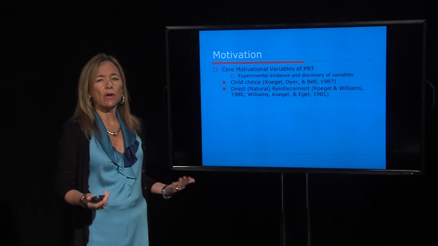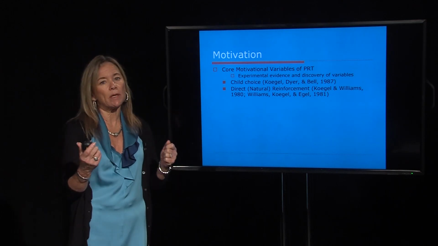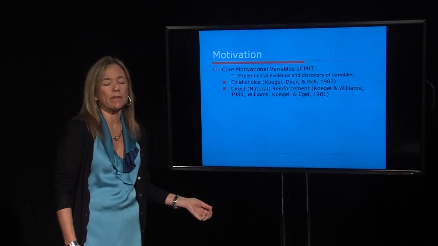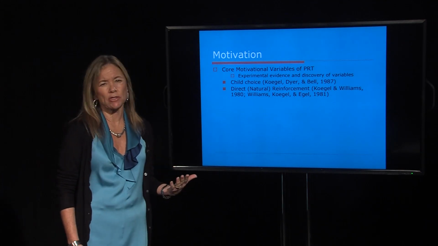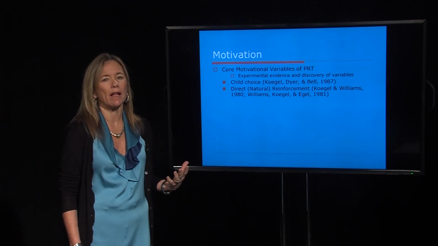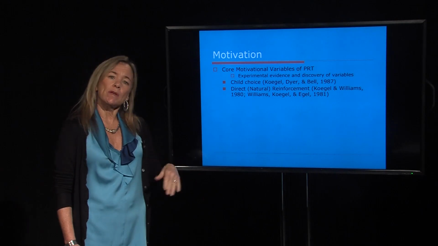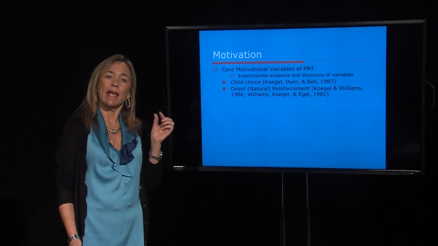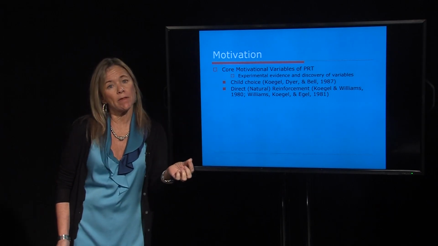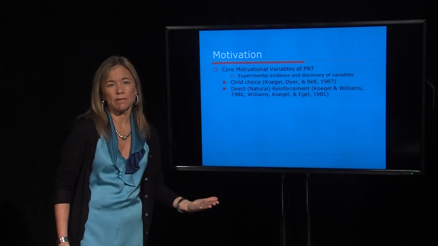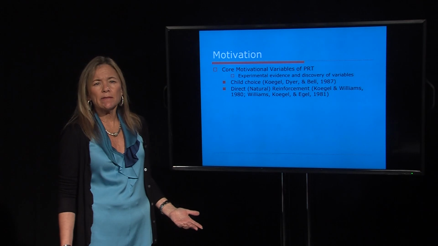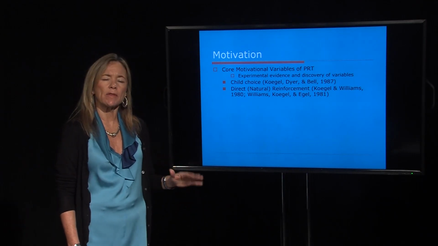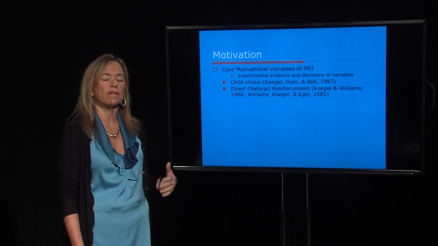So for example, in the old days, we might have held up a flashcard and had them say the item on the flashcard and given them a little treat. But that's not a natural reinforcer, and it didn't work as well. If you hold up something like a treat that they like, and have them say the name of the treat and then give them the treat, that's a natural reinforcer. You can do this with activities, you can do this with just about anything. You can work it so that there's a natural reinforcer involved in the task.